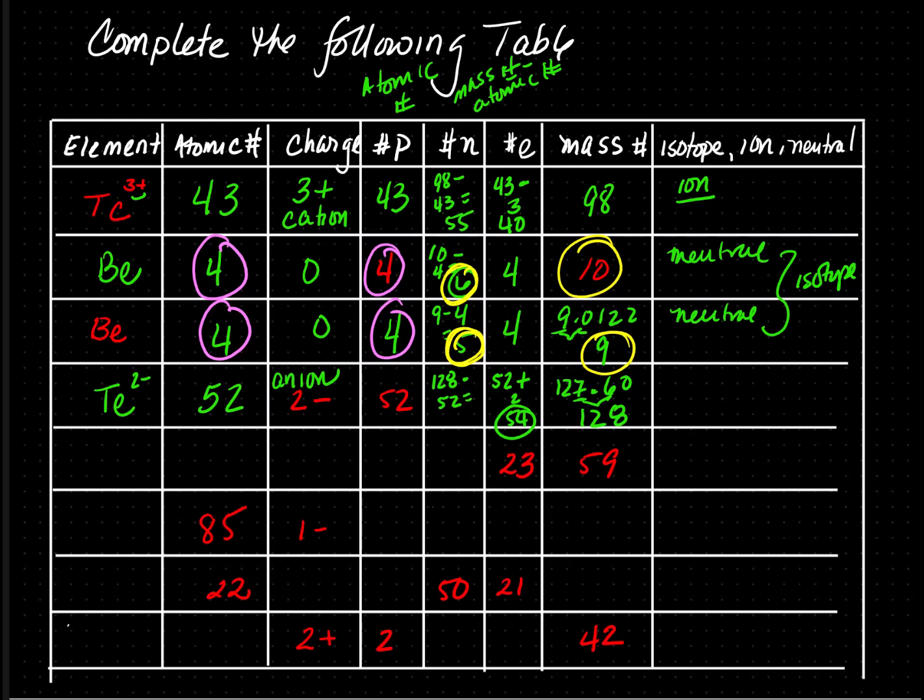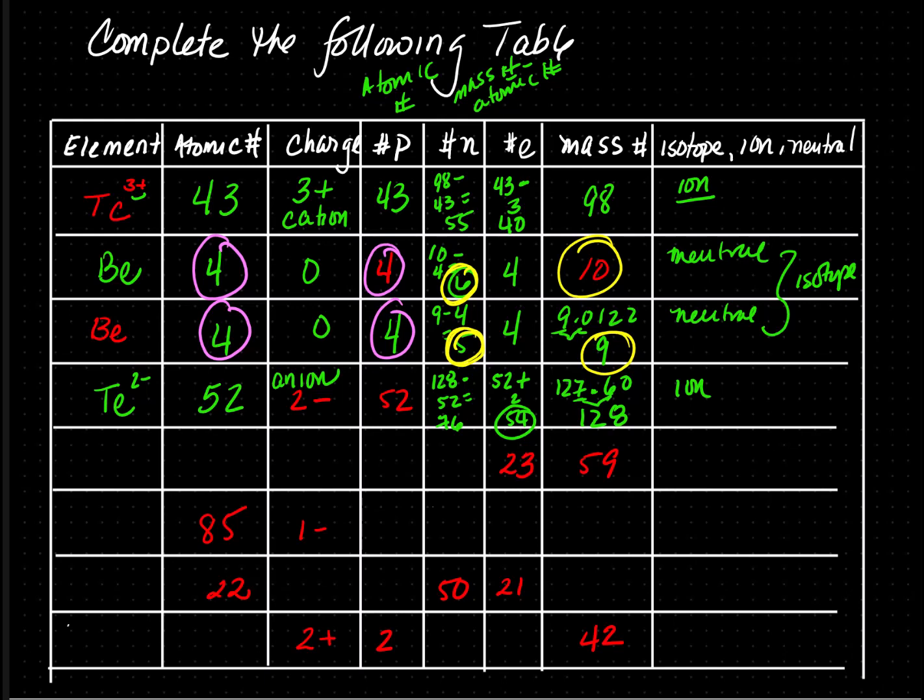If you do the math, this is 76. So this one is an ion because it's a charged atom. It is an isotope, but since it matches the periodic table, we'll just leave it as an ion.